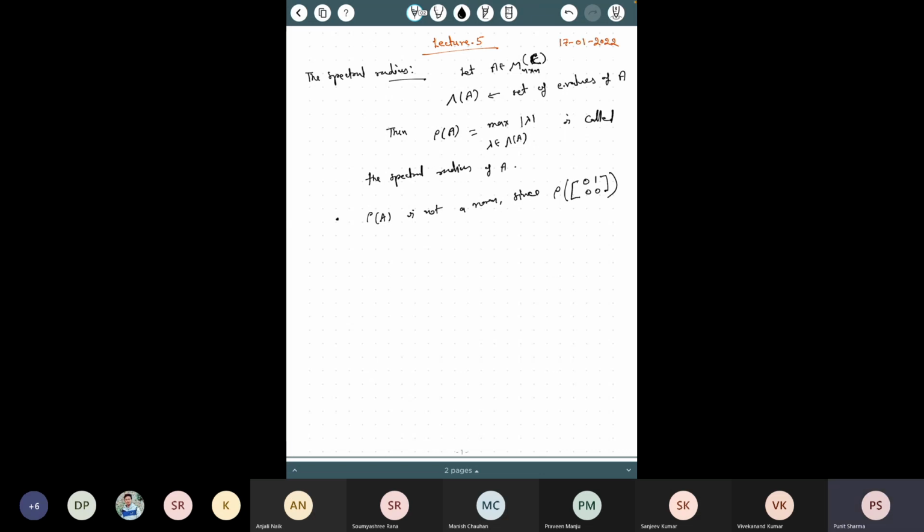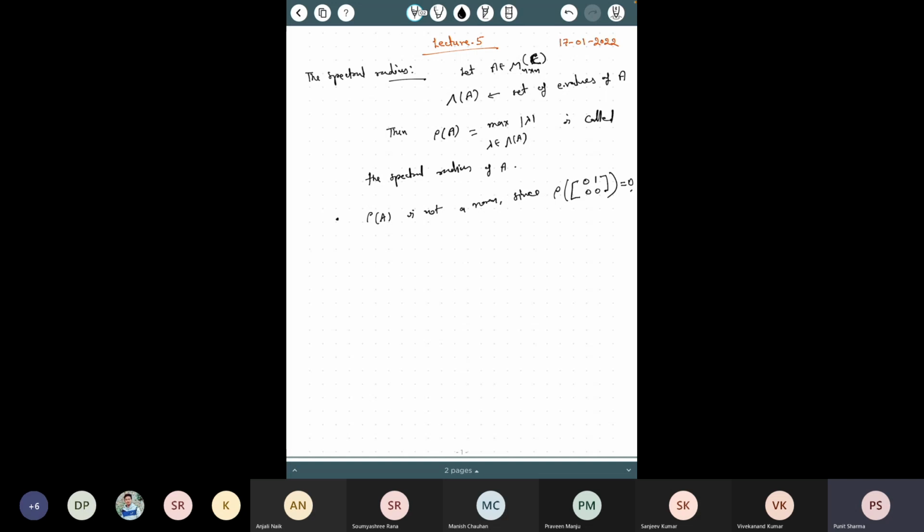What is the spectral radius of this matrix? It is 0, right? But that cannot happen if it is a norm. It is a non-zero matrix whose value is 0, so this cannot happen for a norm, and therefore this is not a norm. But this function, the spectral radius of a matrix, is closely related to a norm.